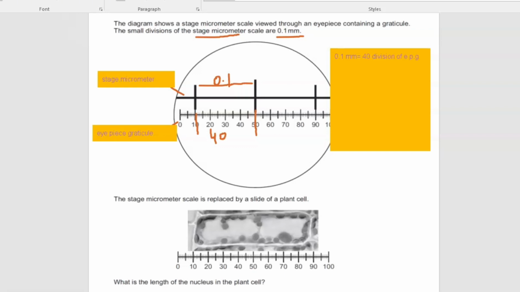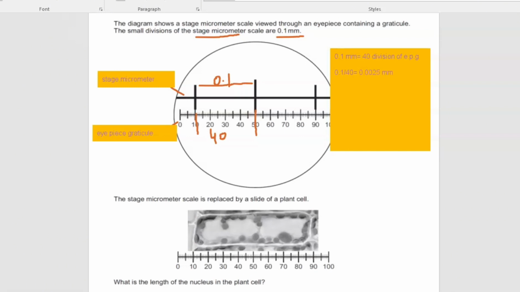So we have to divide 0.1 by 40, and we can use a calculator to measure this. 0.1 divided by 40 will be 0.0025 mm.